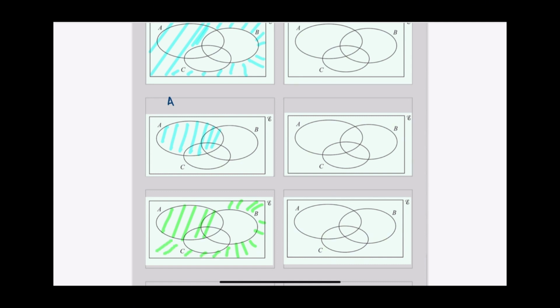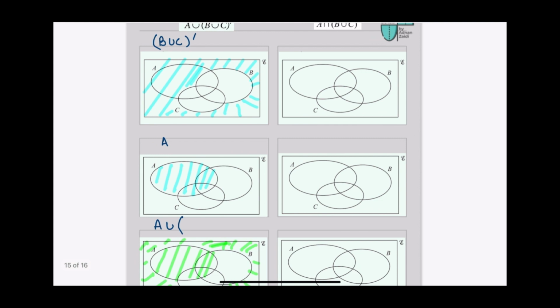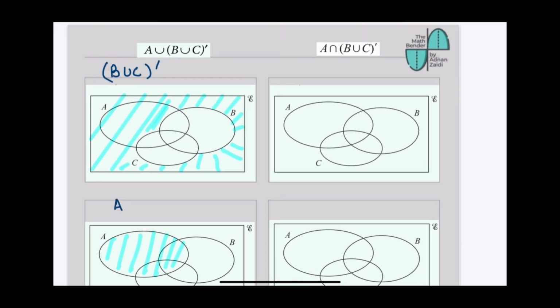This is common. This is all summed up. So this is A union with B union C complement.